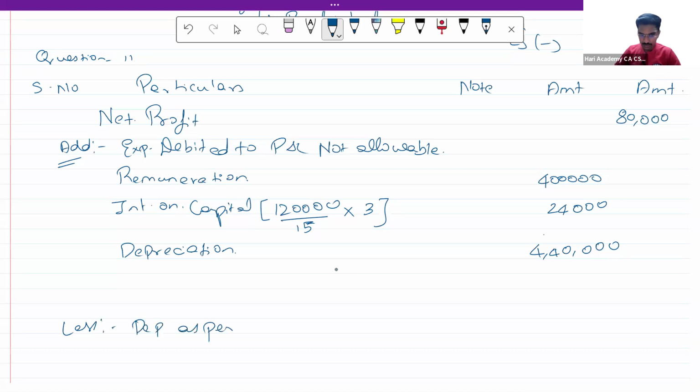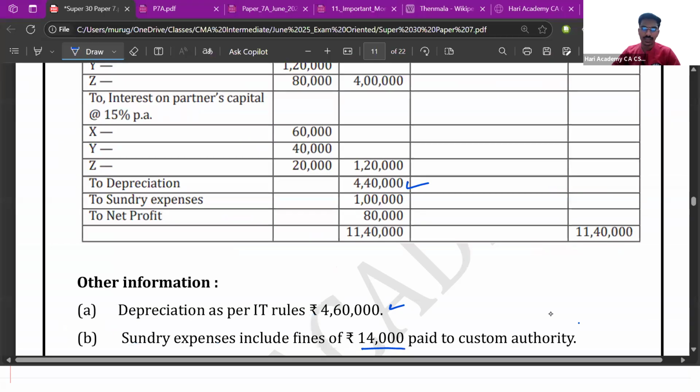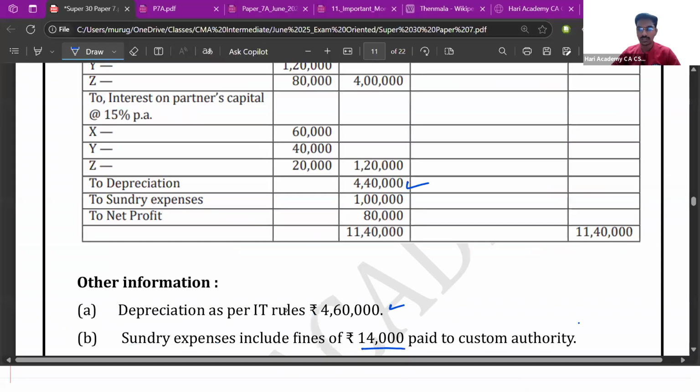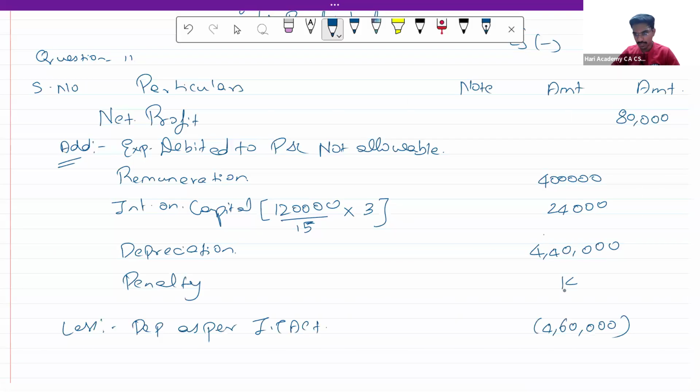So this is for 4,60,000. Then for any penalty, it is not allowable as an expenditure. So this 14,000 also should be added back.